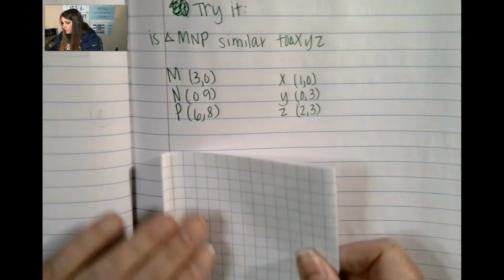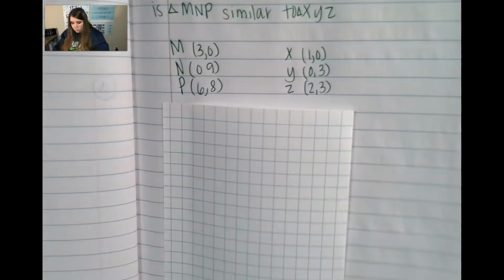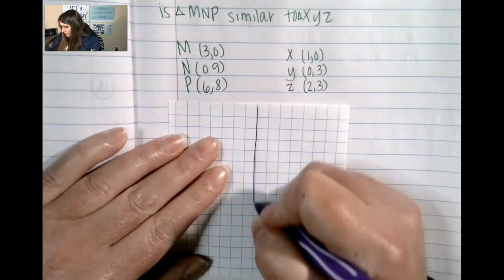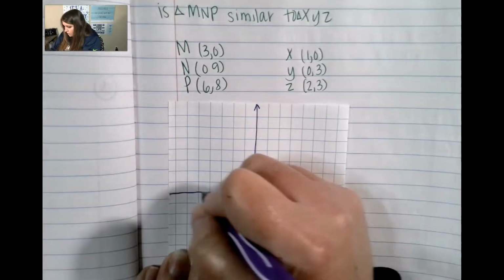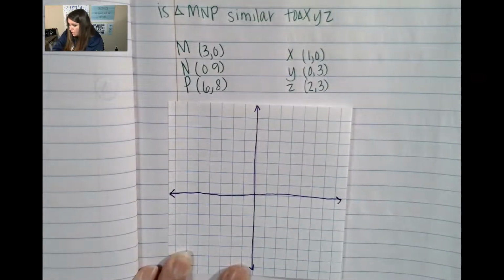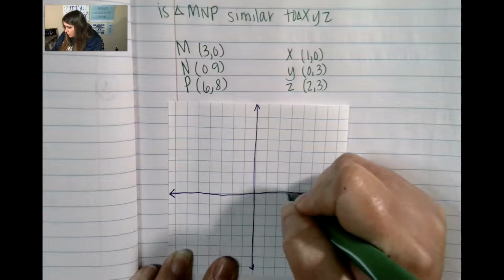All right, so let's first check out and see what do we have here with our triangles. So let's go ahead and graph both of these and see what we are working with. All right, so my first triangle is 3, 0. So I'm going to go over to 3, 1, 2, 3, and nowhere.